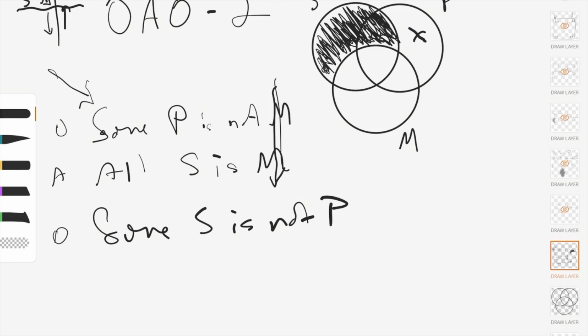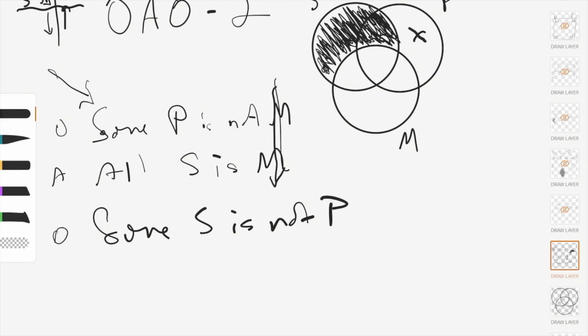It's the region of P that's outside of M and outside that empty part where S overlaps with P. So that's a definite X. There are no other X's for us to put on. Since there are no other X's to put on, we're ready to ask the validity question.